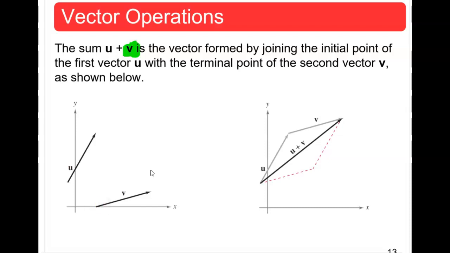So the initial point is here, and we want it to coincide with the terminal point of the first vector, which will be that one there.